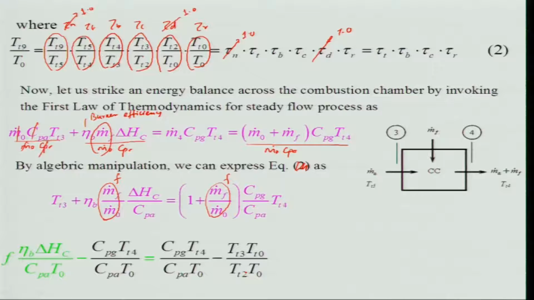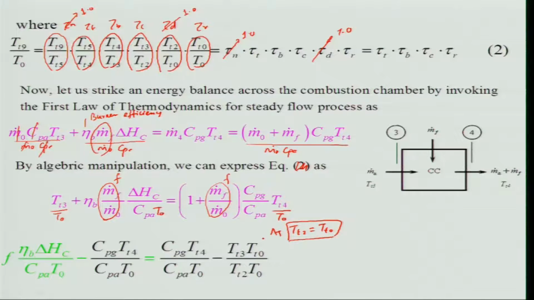How am I doing that? I am dividing by T naught here, similarly here and here. Instead of T naught I can write T T 2, because we know T T 2 is equal to T T naught.